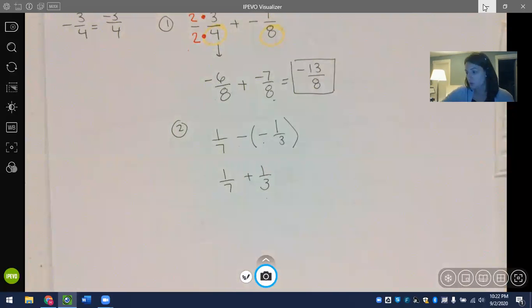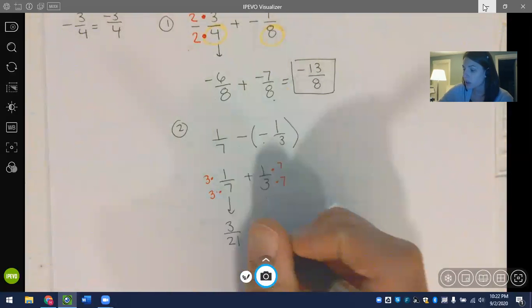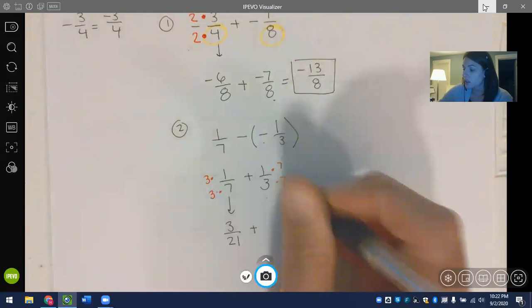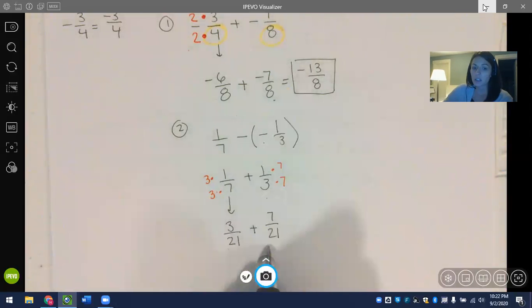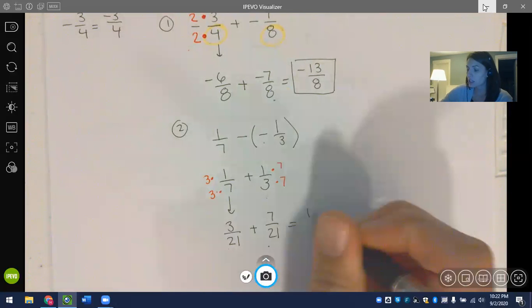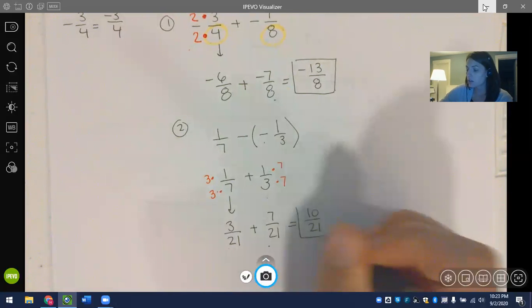I'm going to multiply the first fraction, top and bottom, by 3, and the second fraction, top and bottom, by 7. That's going to give me 3 over 21 plus 7 over 21. Now I have that common denominator, so I can add together 3 and 7 to get 10 over 21.